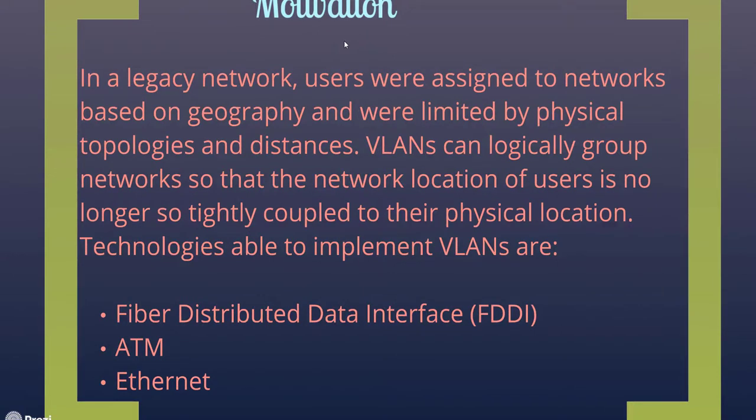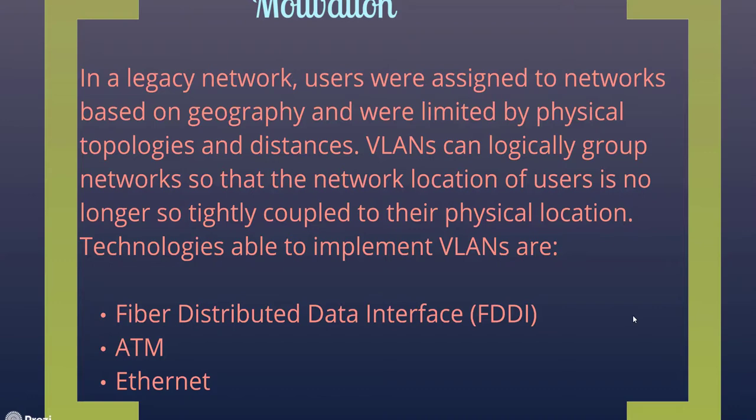So next is motivation. In the legacy network, meaning the older versions of the network, users were assigned to networks based on geography and were limited by physical topologies and distances. Now VLANs can logically group networks so that the network location of users is no longer so tightly coupled to their physical location.